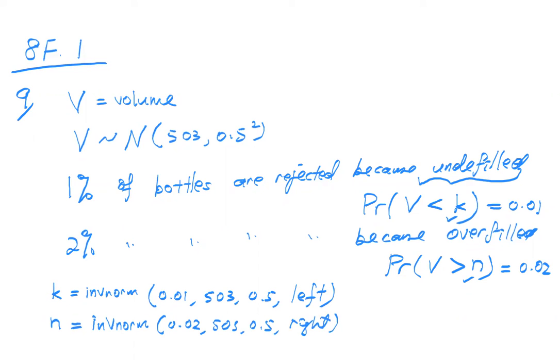Then you get this. Then you say that means the volume must be between, write down the value of K here, the value of N here. So this will be your answer. Can or not? You reject the two tails. You keep the one in between. Okay?